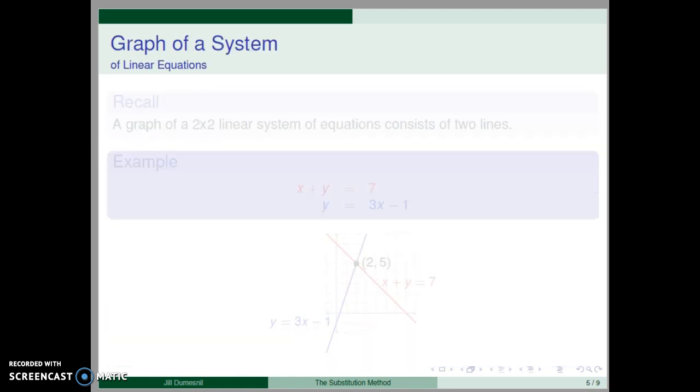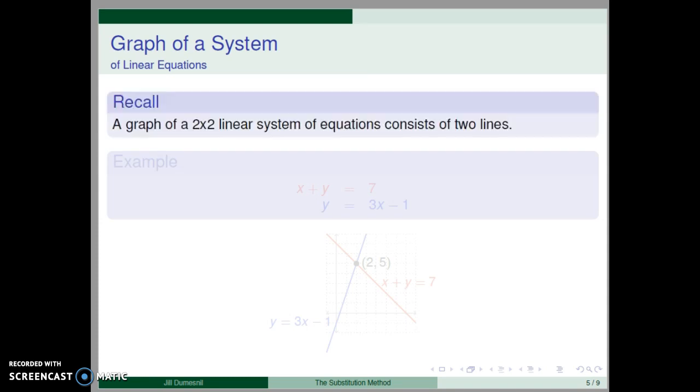Let's compare what happens graphically in a linear system with what happens algebraically when we attempt to solve the system. Recall that the graph of a 2 by 2 linear system consists of two lines. Let's return to a previous example with equations x + y = 7 and y = 3x - 1.